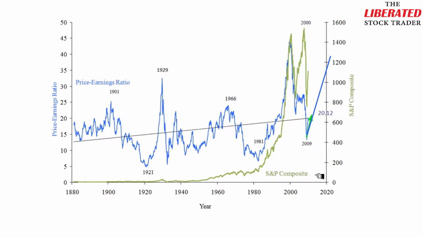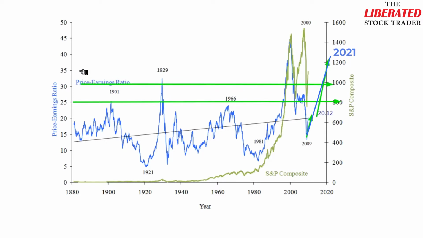So it's worth being very careful if we do see a resurgent recovery and potential boom happening in the future. When it gets above 25, 30%, 35%, this is very, very dangerous territory, and you need to be aware of that.